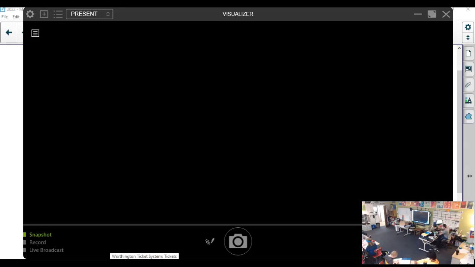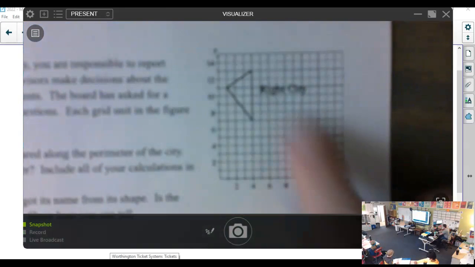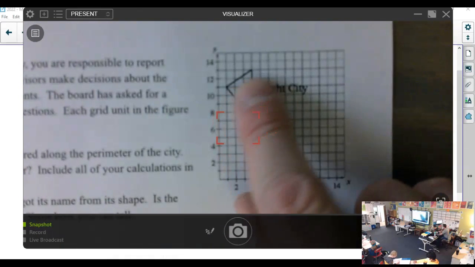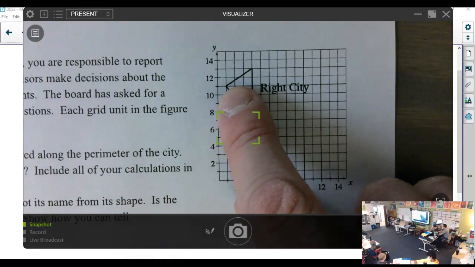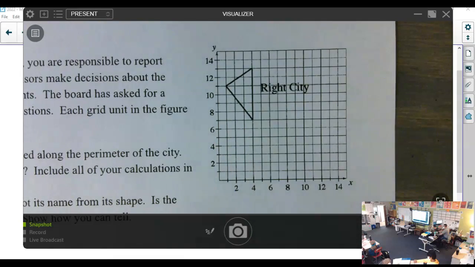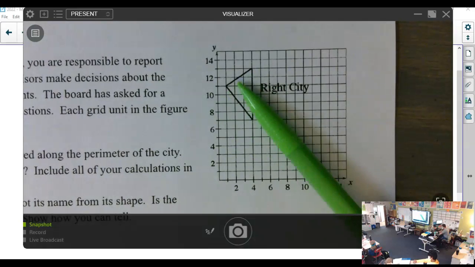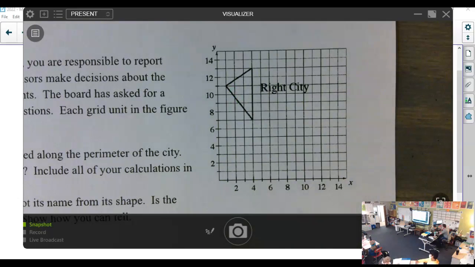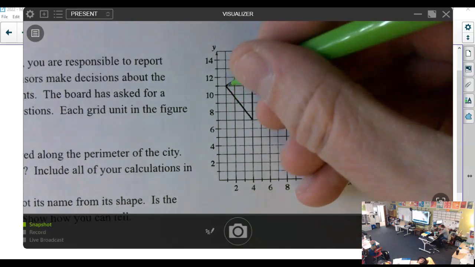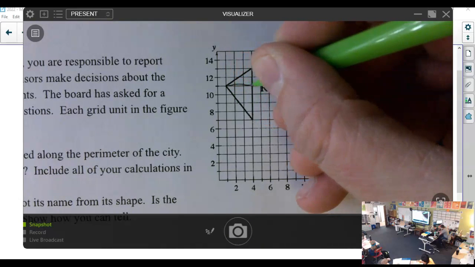Can I just count this diagonal distance? No, we cannot count diagonally on our paper, so we need to solve it. So what if I throw a line right here?